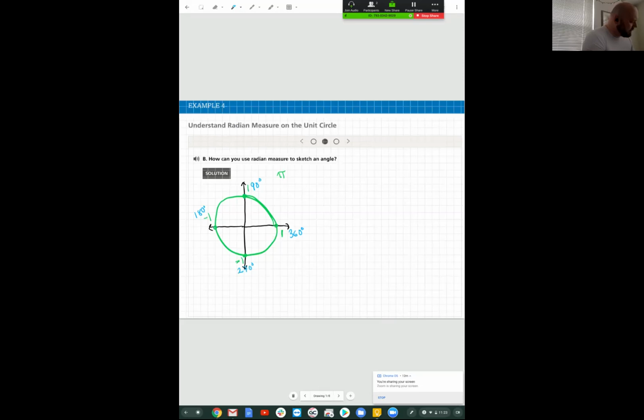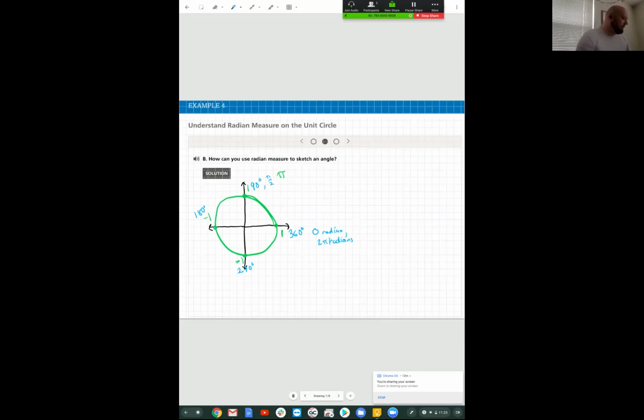At the beginning, this is 0 radians. A full circle is 2 pi radians. What's 1/4 of 2 pi? 1/4 of 360 is 90. Well, it's pi over 2, because we just did that in part A.